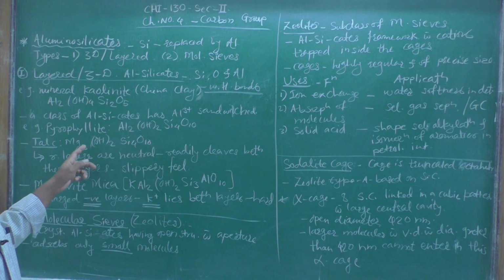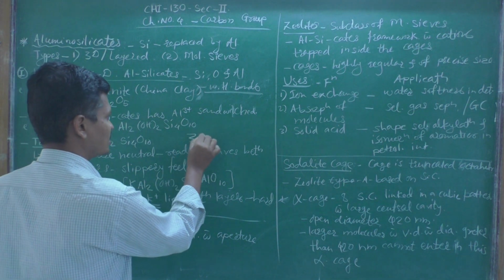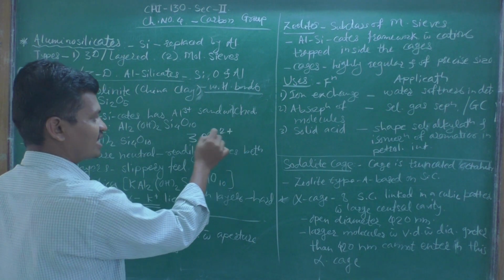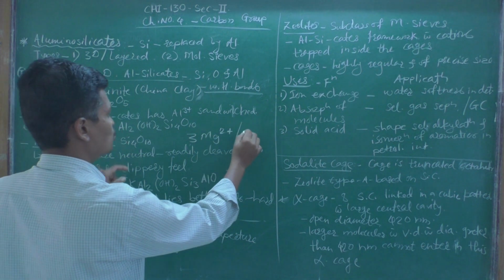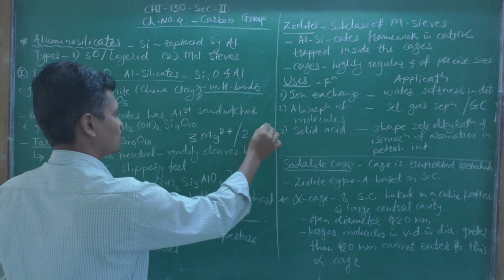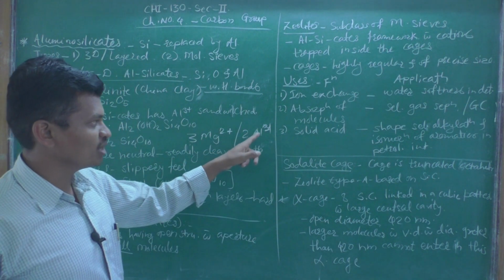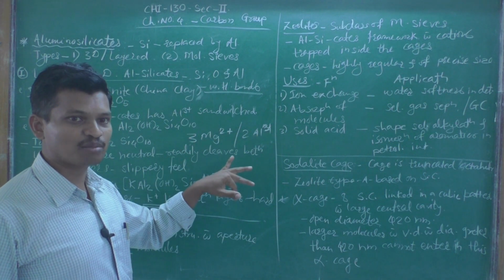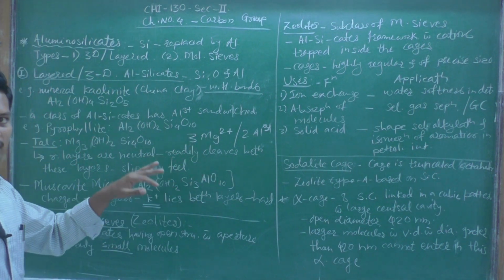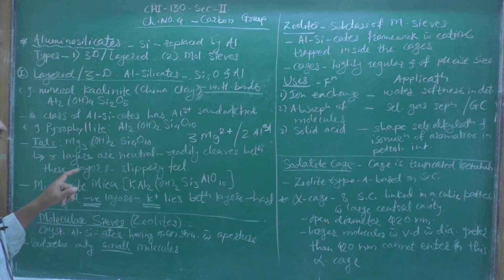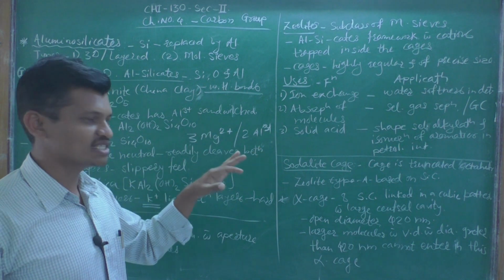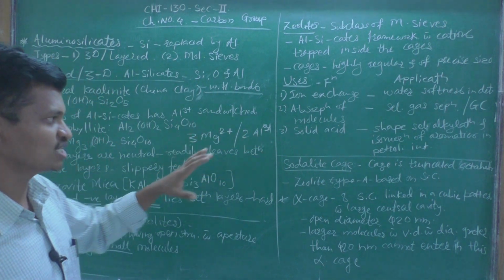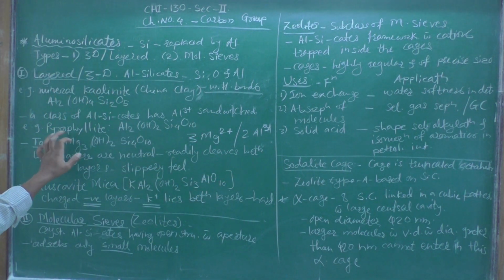So what is the change here? 3 magnesium 2 plus ions take the place of 2 Al3 plus ions. So 2 aluminum 3 plus ions are replaced by 3 magnesium 2 plus ions in the talc material, and the resulting mineral is called talc. The total resultant charge will be the same: 3 into 2 is 6 plus, 2 into 3 is 6 plus. That's why it is known as talcum powder or talc.